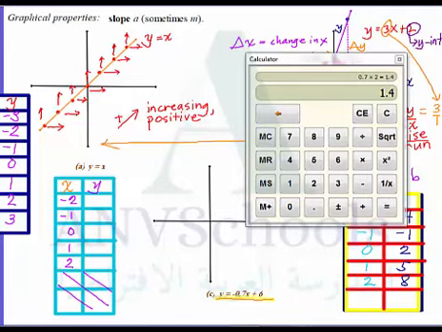Am I correct? Okay, so that's 1.4 plus 6, which will give you 7.4. Let's go to the x value of negative 1. That's negative 0.7 times negative 1, it's positive 0.7 plus 6.